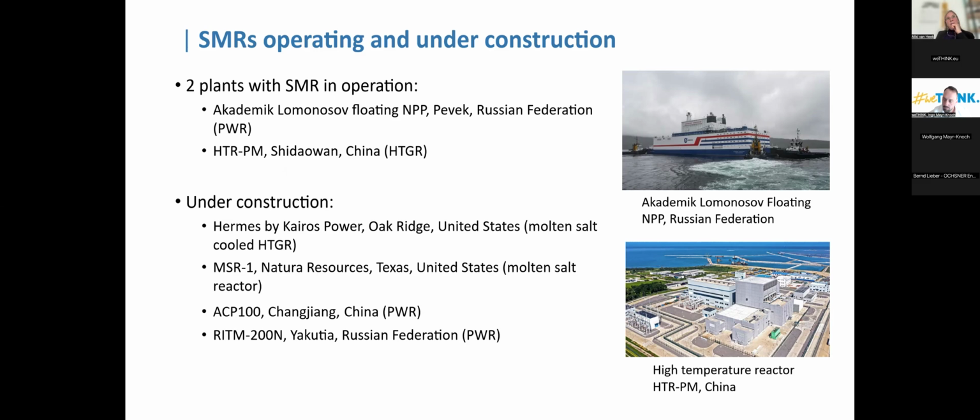In China, there's also a PWR-based reactor under construction, and in Russia, another PWR-based reactor. That's basically based on the floating plant technology, but this time land-based. Yeah, next slide, please.